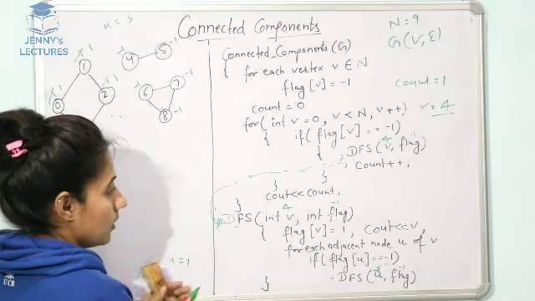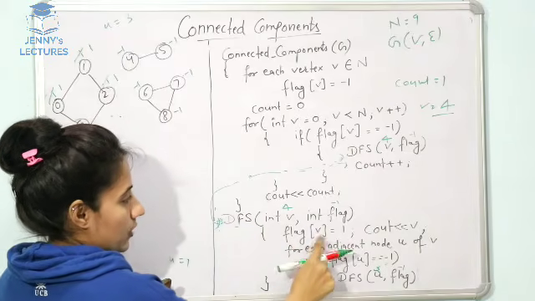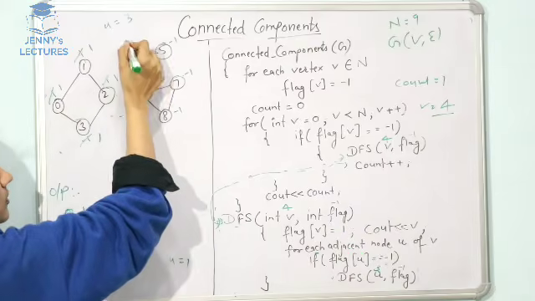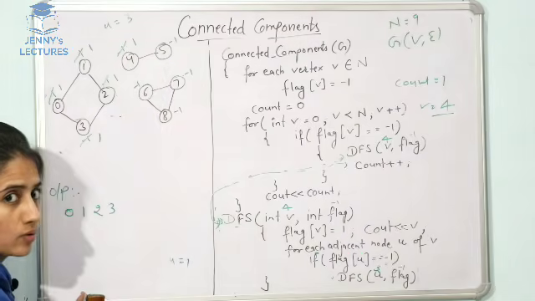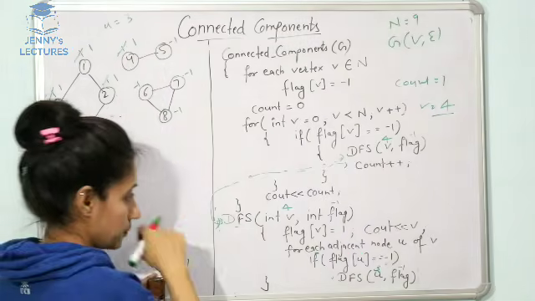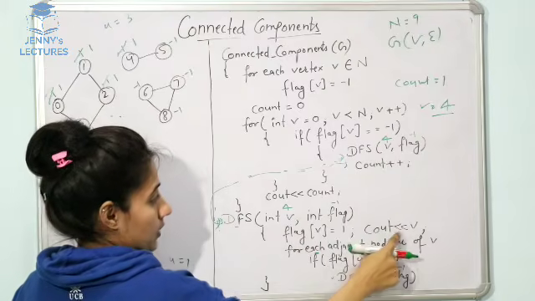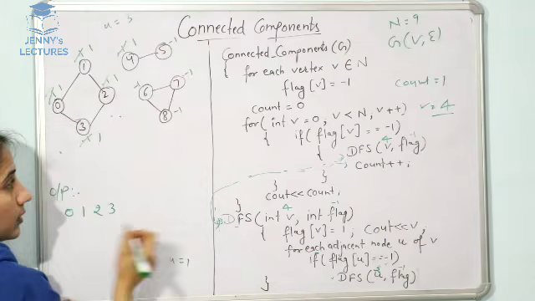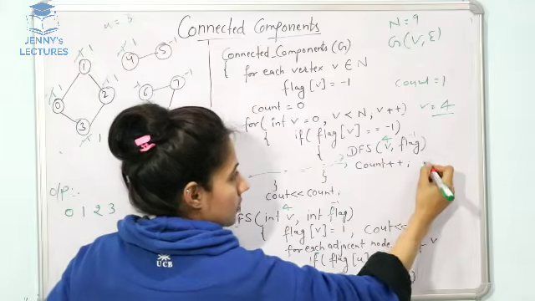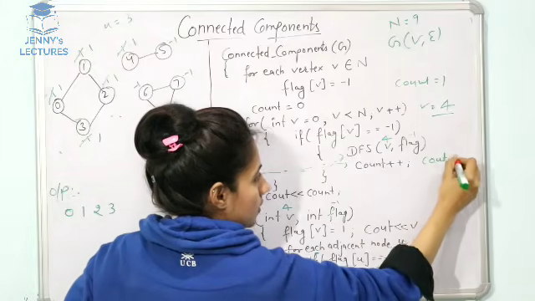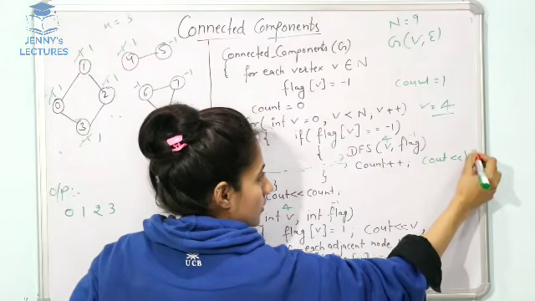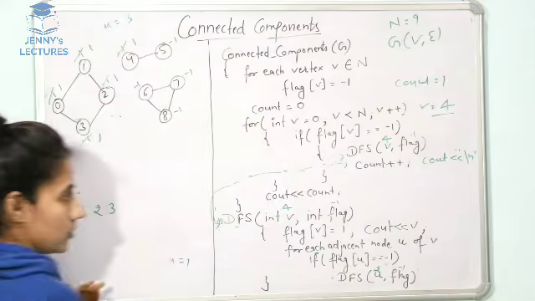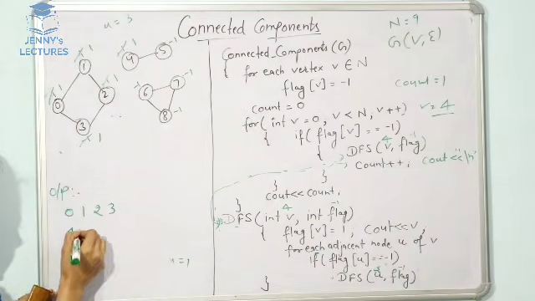Now flag of v is equal to 1. We will set this flag to 1. Now cout 4 would be printed. Here you can write cout \n, then 4 would be printed in the next line.